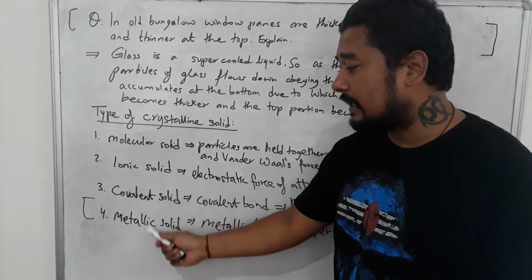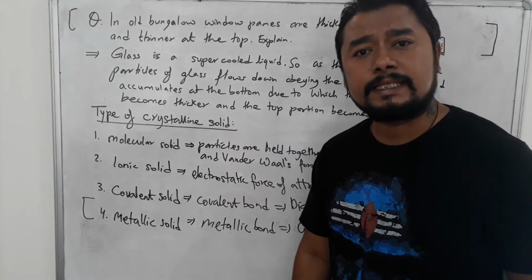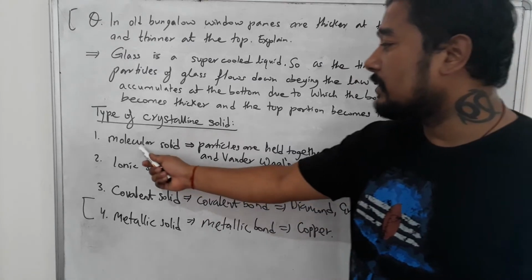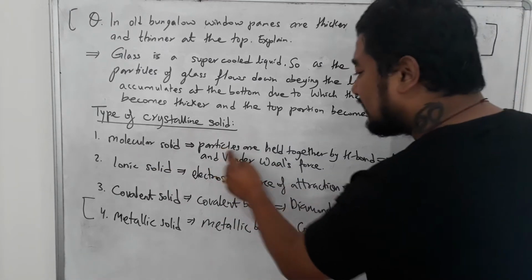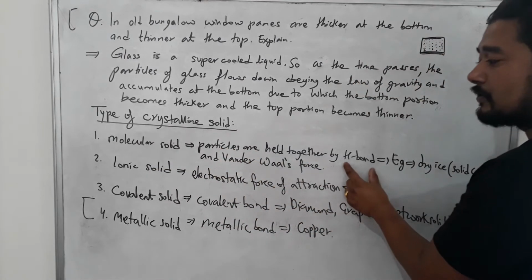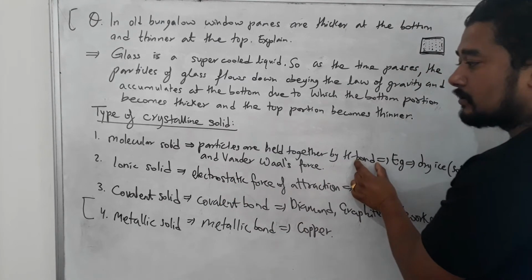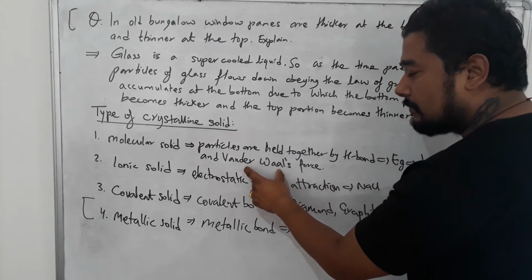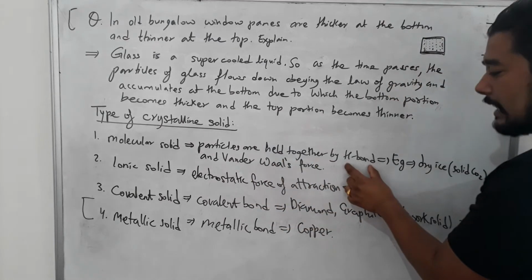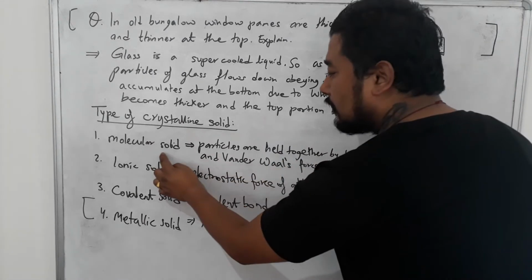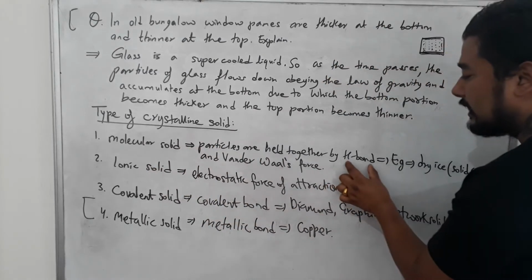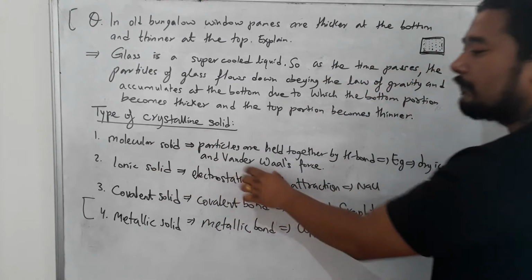Similarly in ionic, covalent and metallic solid, and I'll give you the example of each. Do remember, in molecular solids the particles are held together by hydrogen bond and van der Waals bond. Both are weak bonds. Hydrogen bond is weak, but van der Waals is the weakest bond. So in molecular solid the particles are held together by either hydrogen bond or by weak van der Waals force.